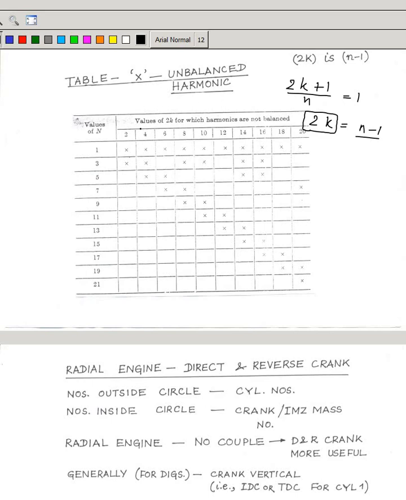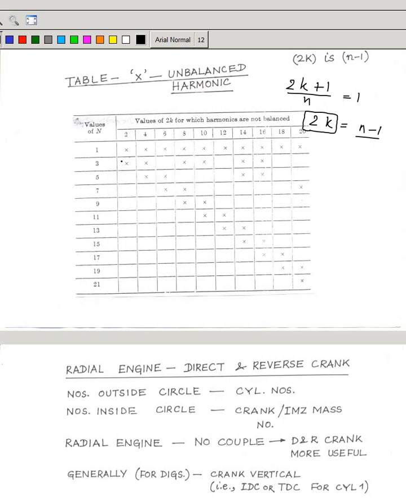For number of cylinders equal to 3 and 2k equal to 2, that is (2 plus 1) by 3, that is 3 by 3, is an integer. (2 minus 1) by 3, that is (2k minus 1) by n, is not an integer, because 2 minus 1 is 1, 1 by 3 is not an integer, but (2 plus 1) by 3 is an integer.